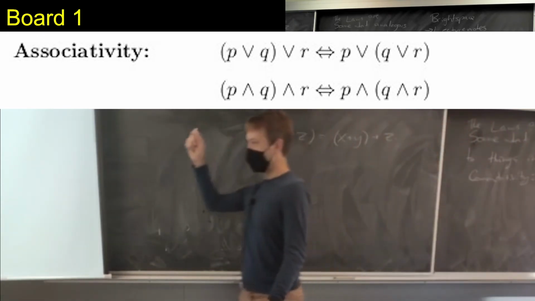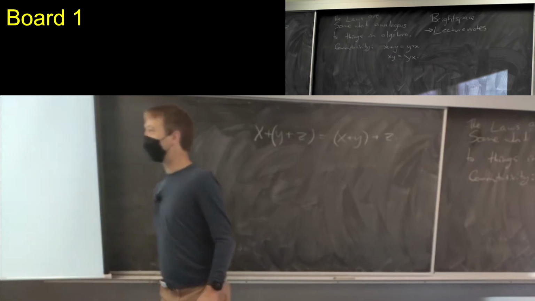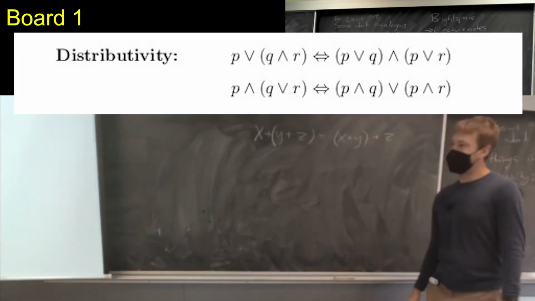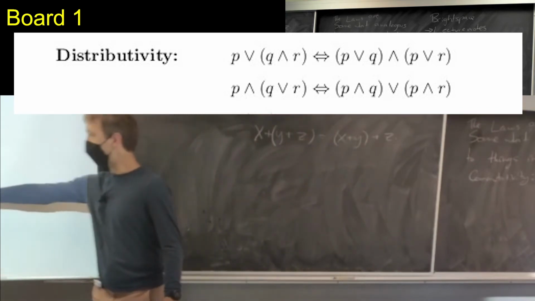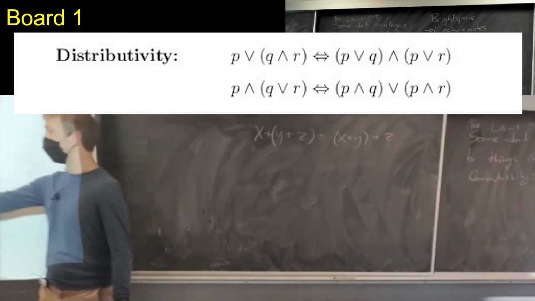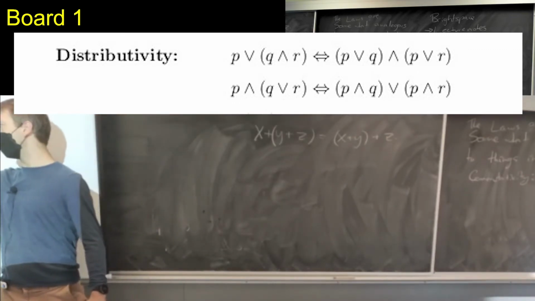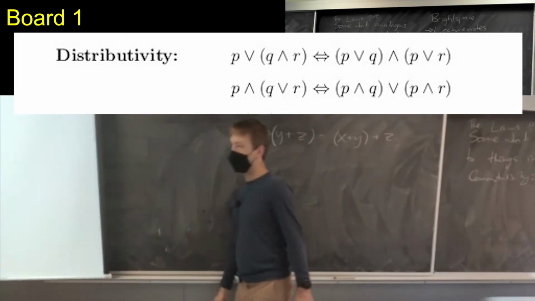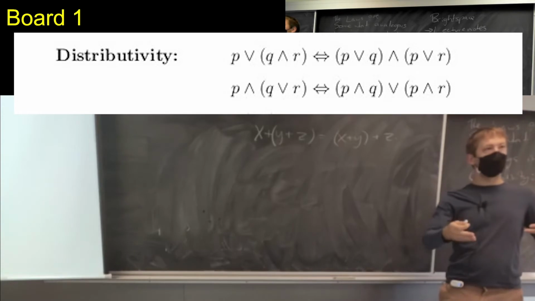Okay, next one. I apologize that this is going to be a really boring lecture, just going through these things, but distributivity. This starts to look like associativity, except now we have a mixture of two different connectives. You have or and and, which is like having a mixture of multiplication and addition.